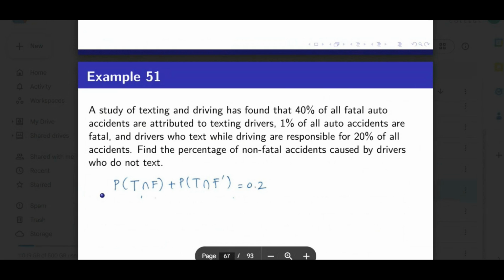But you can text and cause an accident that's fatal or not fatal. So P(T) is 0.2, but P(T) is logically decomposed into, well, you did have an accident, but it was fatal or it wasn't. So that's 20%. And then what else do we know?